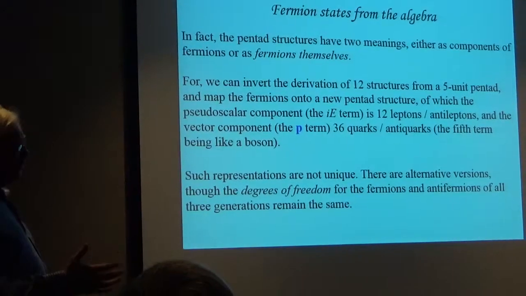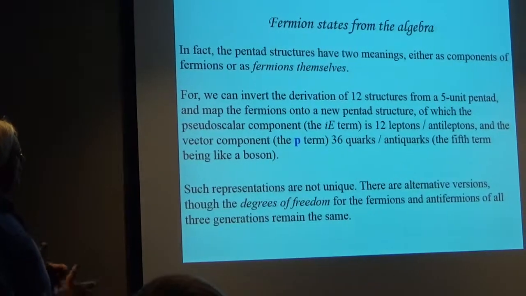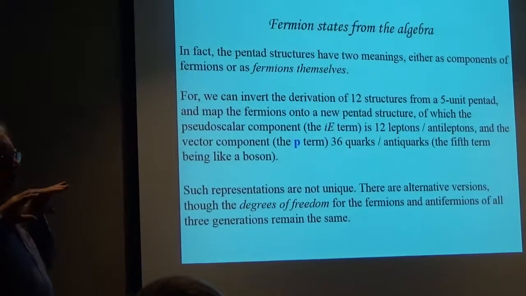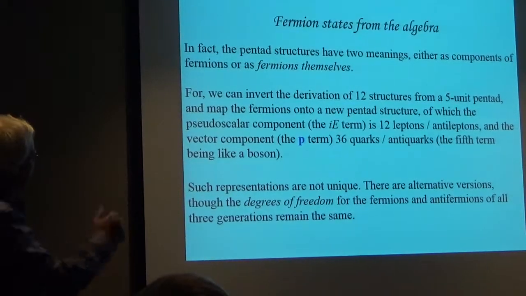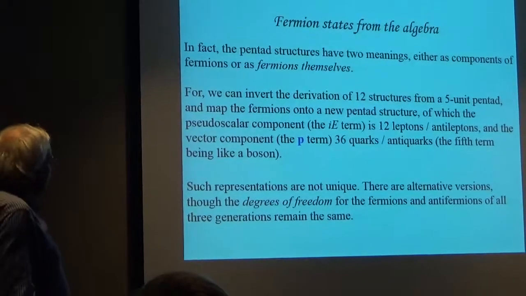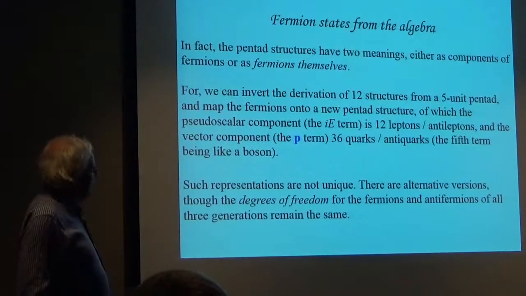But you can also reverse the structures. We can invert the structures, and instead of deriving 5-fold structures, we can do 5-fold groups of particles. So you can do 12 leptons and anti-leptons and 36 quarks.